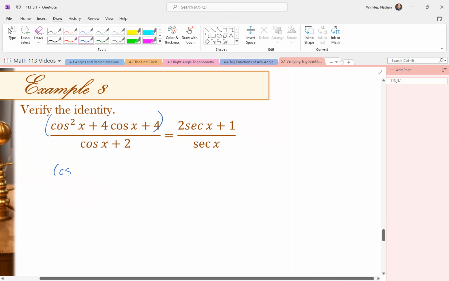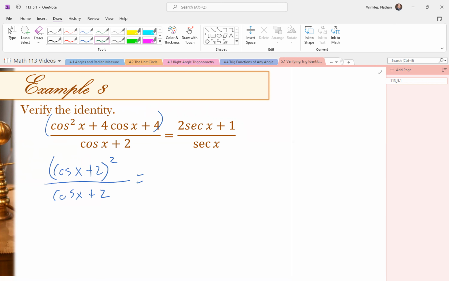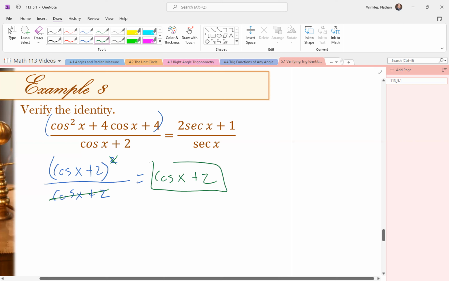This becomes cosine x plus 2 all squared over cosine x plus 2. Canceling one of them out, we're left with cosine x plus 2 on my left-hand side.